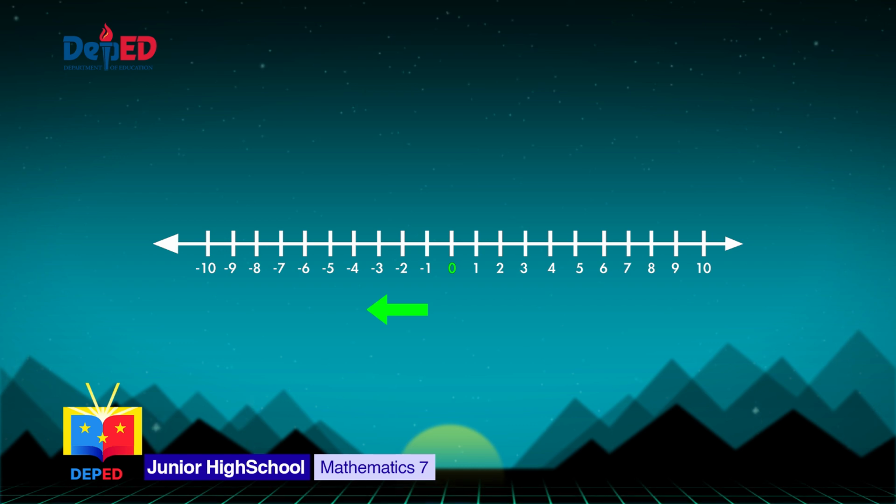These integers are the opposite of the positive integers. 0 is located at the center of the number line. The positive integers are located at the right side of the number line, which means that the value of these integers are greater than 0.